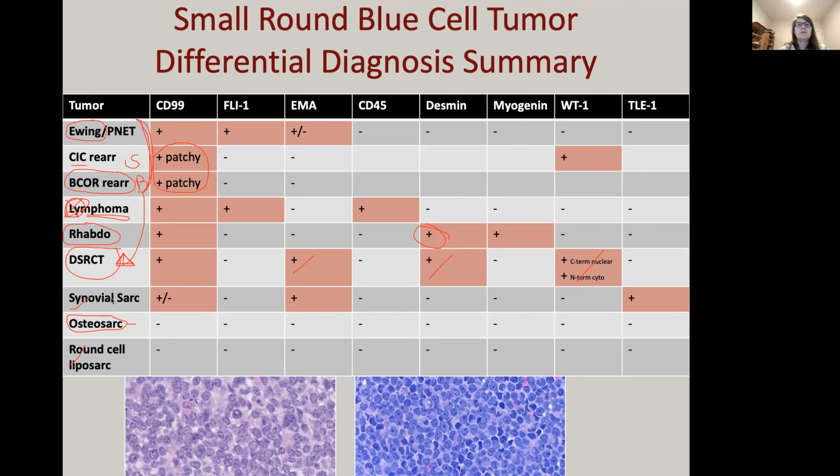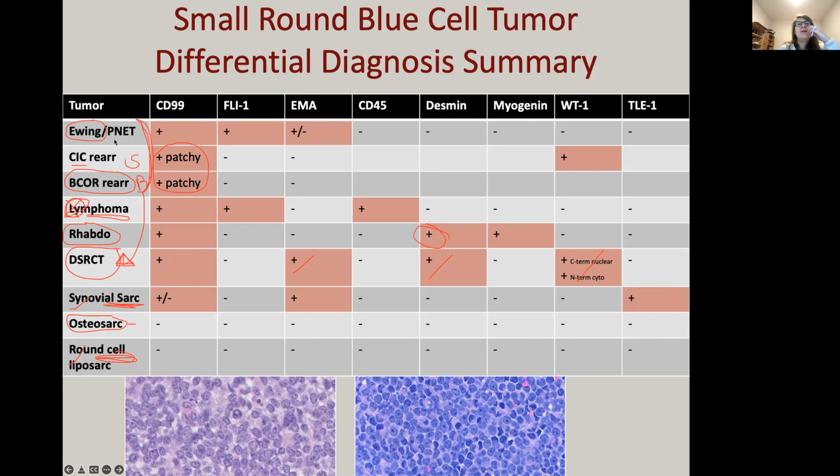I don't have a column for the genetics, I apologize. I can add that in, but recall that in most round cell tumors, if they have a genetic problem, we will be looking for it, right? So we'll be looking for EWSR with either FLI1 or ERG.